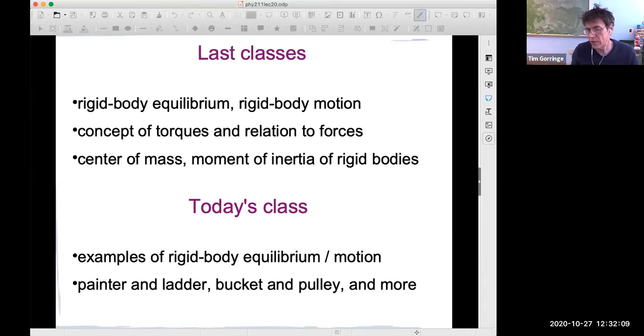One is a famous problem in physics, right? Everybody in physics knows this problem. It's the painter on the ladder. And another famous classic problem in physics is the bucket on the pulley. We'll look at those two problems and we'll look at a couple of other problems as well.